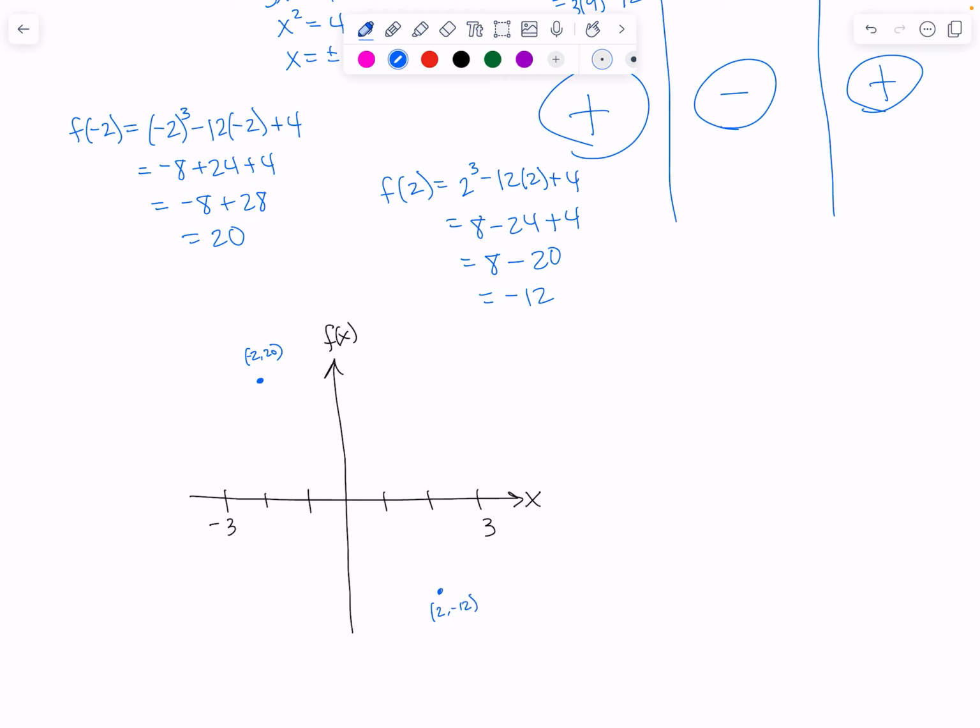So it's going to go from increasing to decreasing to increasing, something like that. And if we graph f of x, that's what we would expect to see.